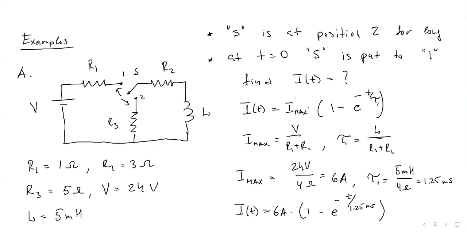And the initial current: the current had some value at the moment of switching. This value will stay because you cannot change it immediately. Inductance does not let you change it immediately. Whatever current was when the switch was at position 1, that would be the initial current for the second part.